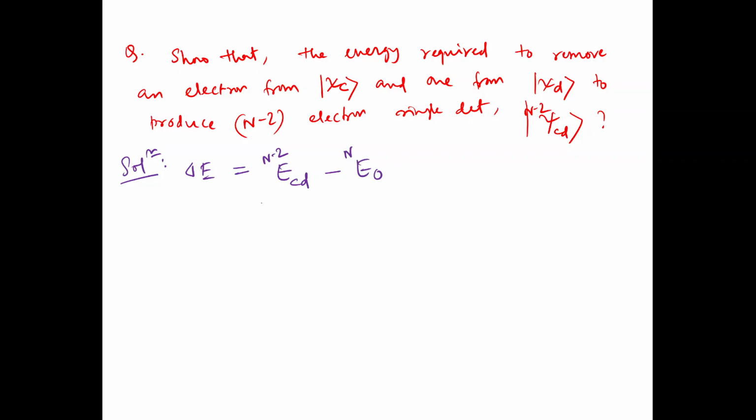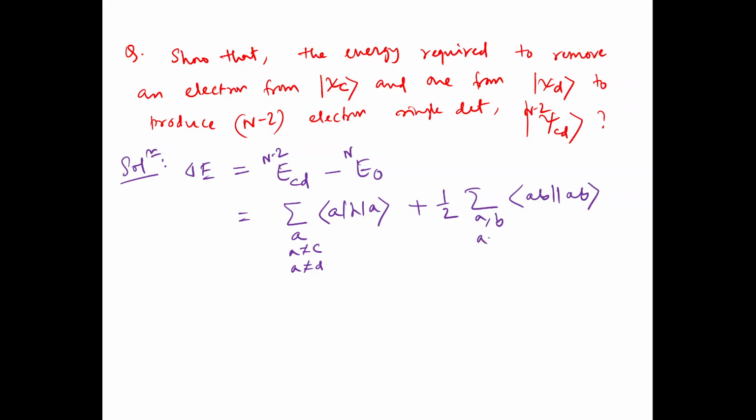Now let's write down the terms. Now you have summation over A of H A, certainly where A is not equal to C, A is not equal to D, right? And you have half summation over AB, AB, AB.